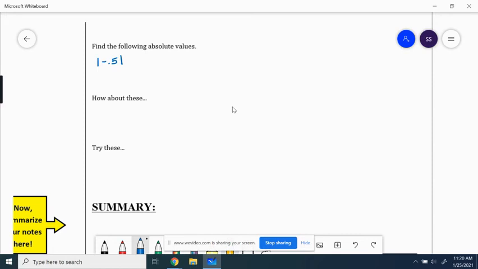So the absolute value of -0.5 is positive 0.5. Okay, what about the absolute value of 1/2? A lot of students get this confused and start thinking that absolute value means the opposite. It doesn't mean the opposite, it's just always positive. So the absolute value of 1/2 is 1/2.